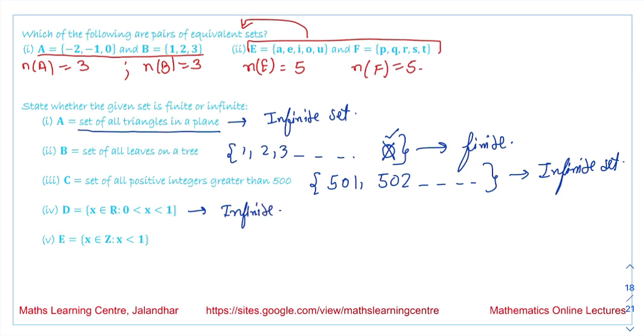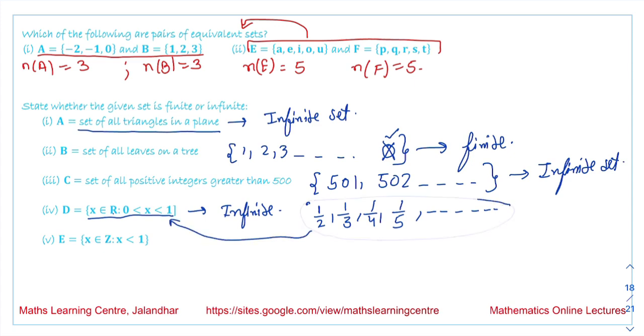infinite set. Why? Suppose I am talking only about the rational numbers. I can write the numbers 1 by 2, then 1 by 3, then 1 by 4, then 1 by 5, and so on. I'm not writing all these numbers, but these are all part of this set. And how many numbers do we have?